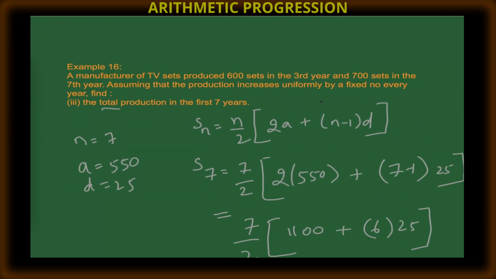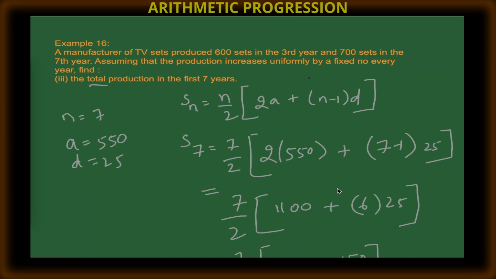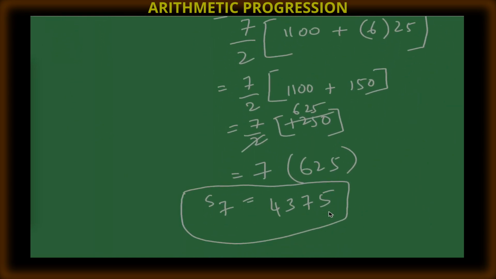So here we identified the total production in the 7th year is 4375.